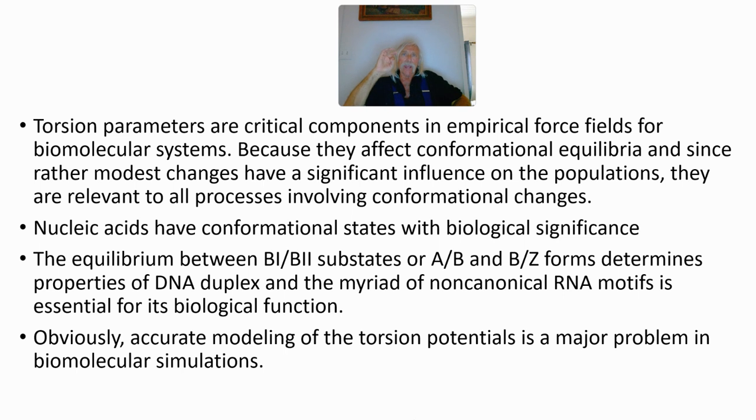You can also get AB or BZ forms. Right? So you can have B DNA, Z DNA, or you can have equilibrium conformer manifestations in the nucleus. And these all are going to modify those four processes I told you about.